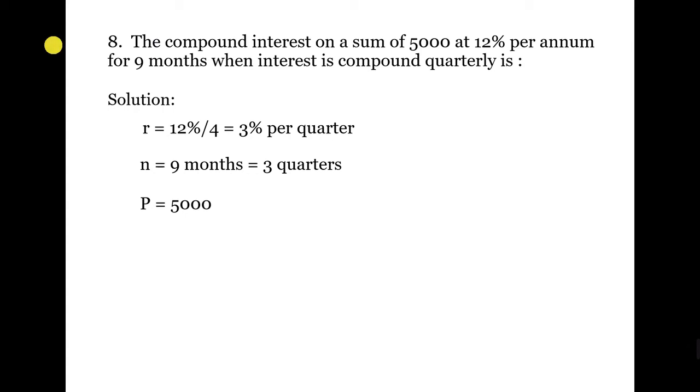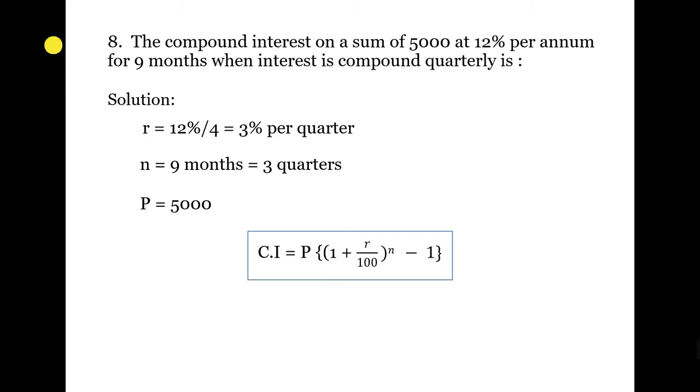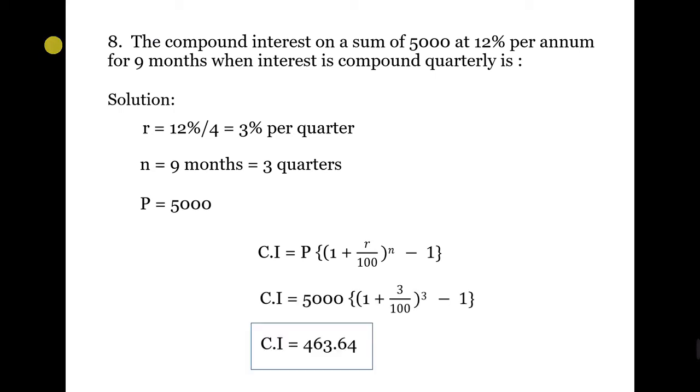It is important to change the unit to easily get the answer in terms of what is required in the problem. We can now use the formula of rule number 1 and directly substitute the values to the formula. So the answer is equal to 463 and 64 centavos as the compound interest of 5,000.